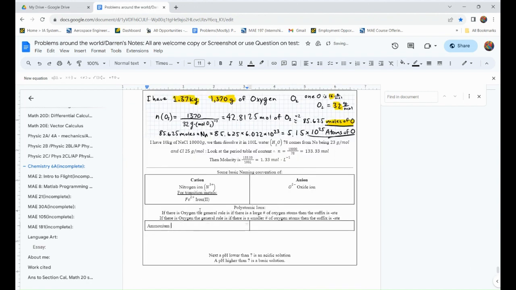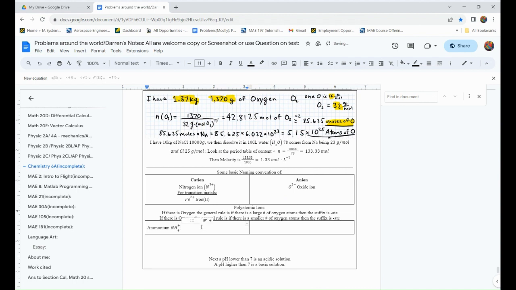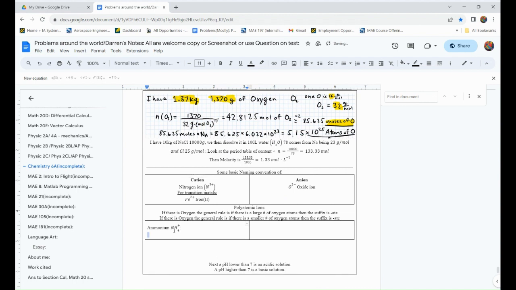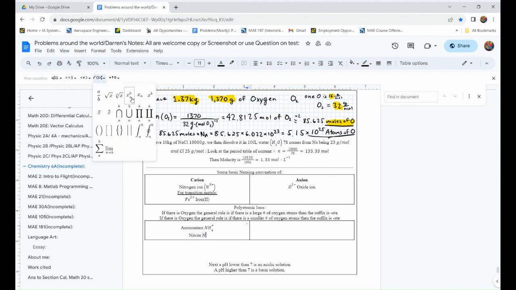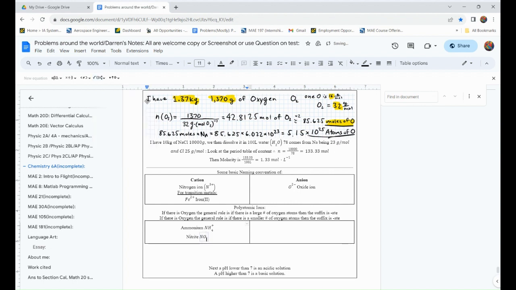Ammonium is a plus, and then you'll find out that there's hardly any pluses. There's usually a lot of minuses here, and that is fine. Another one that keeps on appearing on the test is nitrite and nitrate. Nitrite, which is I believe NO2, and I would double check it, but I believe it is a negative one.